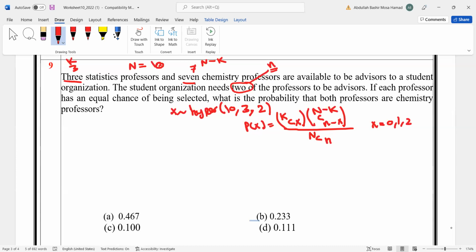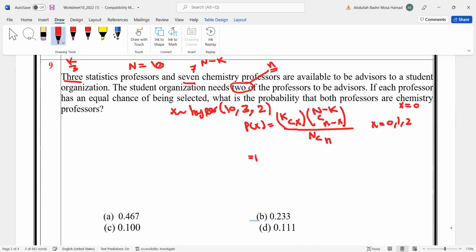Okay, so let's see the question. What is the probability both professors are chemistry? Both are chemistry. This is statistics, by the way. We choose K to be statistics. So if both are chemistry, it means X equals 0, 0 from statistics.